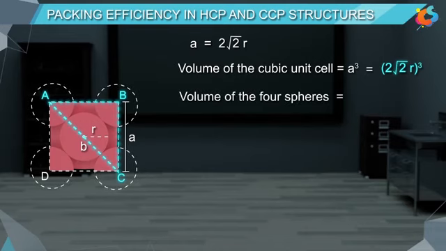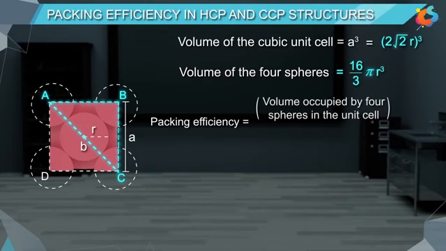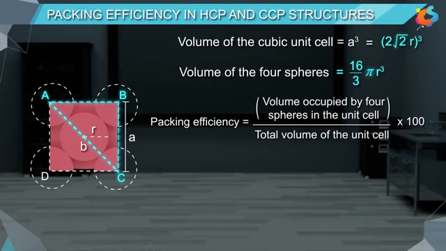Volume of the 4 spheres is equal to 4 into 4/3 πr³, which is equal to 16/3 πr³. Now let us calculate packing efficiency. Packing efficiency is equal to volume occupied by 4 spheres in the unit cell into 100 by total volume of the unit cell percentage.